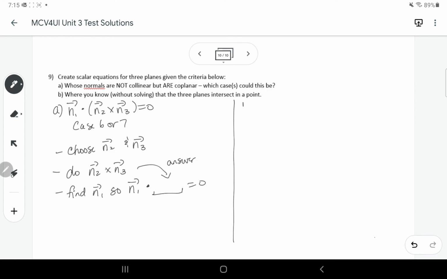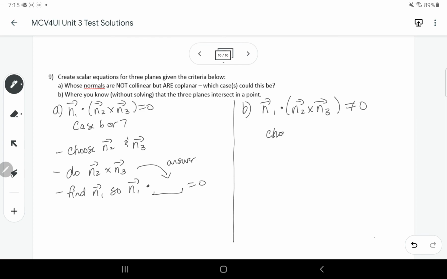Okay. For B, it's kind of the opposite. You want n1 dot n2 cross n3 that is not equal to 0. So here, this is honestly like the much more likely case to happen. So you can almost choose any 3 and just confirm.